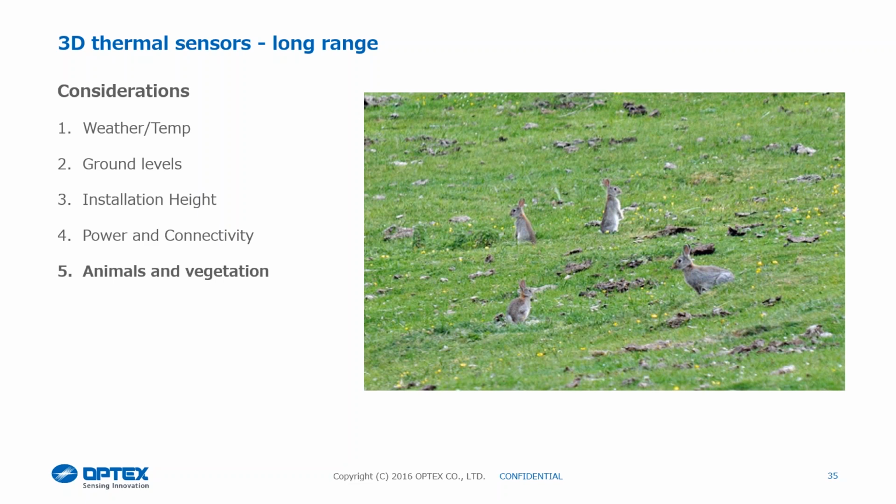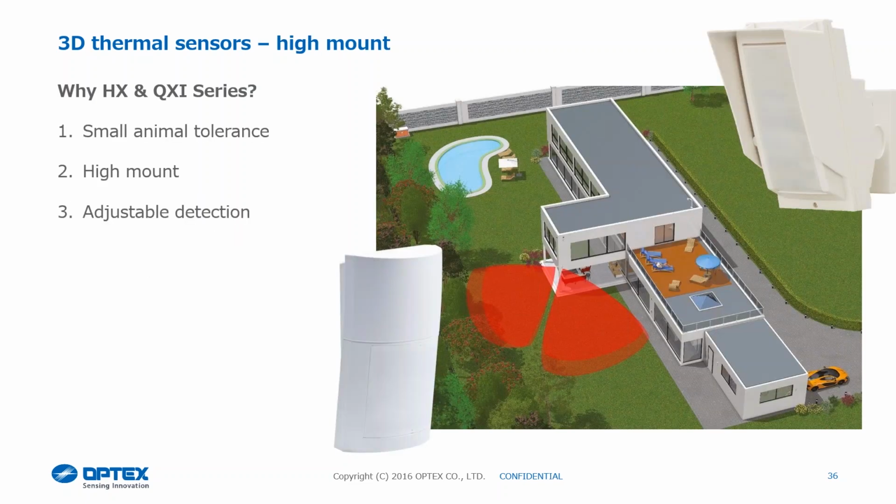Okay, so moving on to the, yeah, go on. Sorry, Matt, I was going to say, moving on to the higher mount detectors. So we've got the HX and the QXI series. Again, what we tend to find on a lot of applications, even when we're doing the remote video response, is that we get a lot of the red wall applications, but there's always areas around the back by the bin store, for example, where you need a smaller detector. So we have the HX and the QXI, which are shorter range detectors, typically 12 meters.